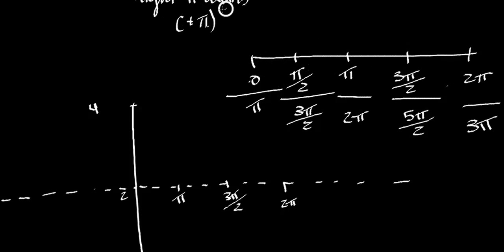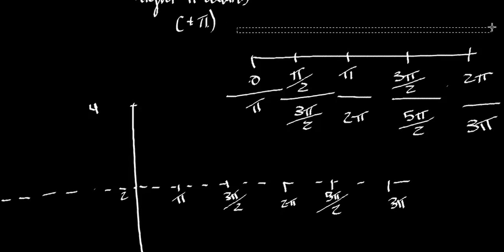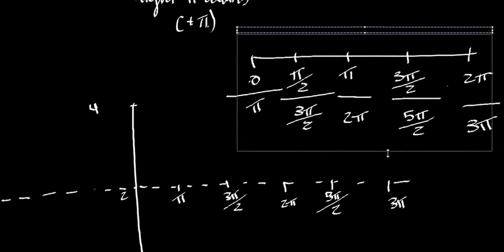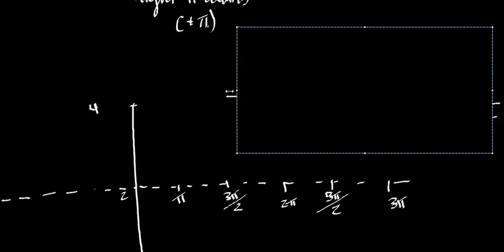And then add pi, add whatever, or subtract whatever your phase shift is. And then you get your new values. So 2 pi, then 5 pi over 2, and 3 pi. I'm going to erase, whatever. Just delete this because I need the space.